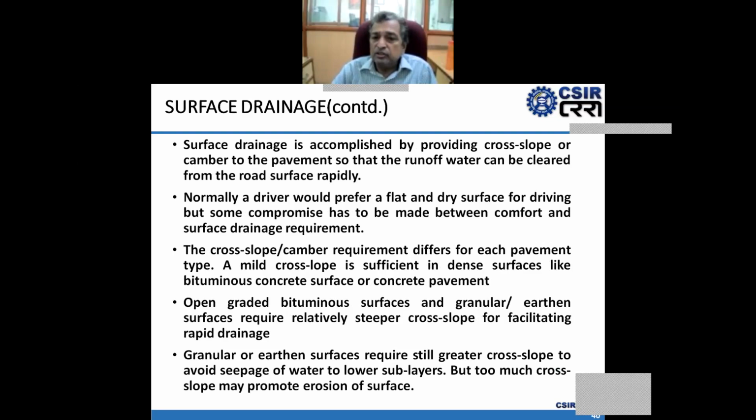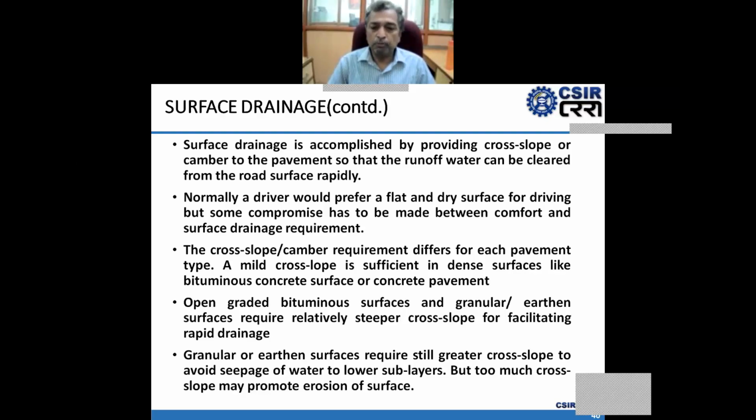Surface drainage is accomplished by providing cross slope or camber to the pavement so that the runoff water can be cleared from the road surface quickly. Normally, a driver should prefer a flat and dry surface for driving, but some compromise has to be made between comfort and surface drainage requirement.